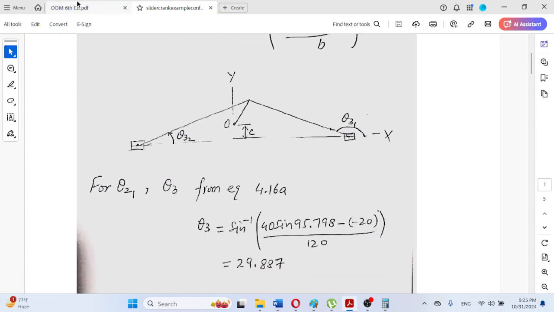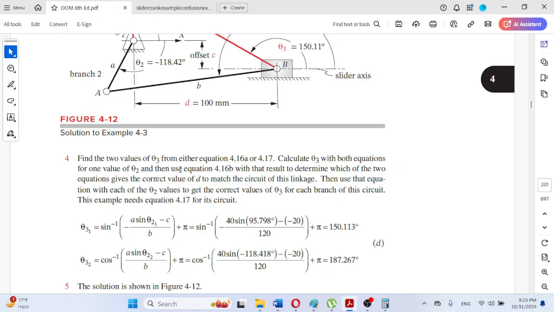As the author has stated, calculate theta 3 with both the equations for one value of theta 2. So we will follow the same statement as the author says: we will be calculating theta 3 values, meaning the position of the connecting rod, using both equations 4.16a and 4.17 for one value of theta 2.